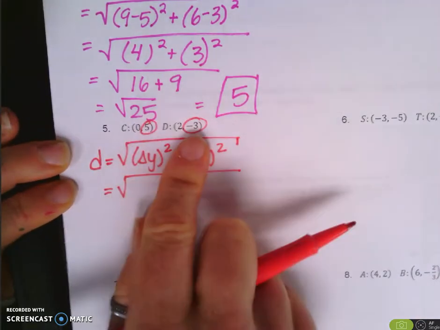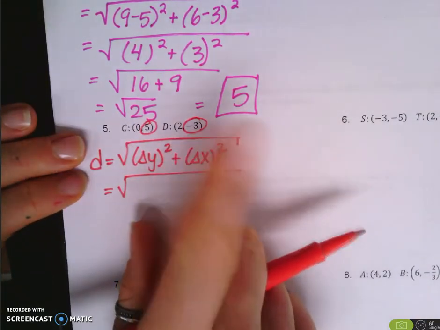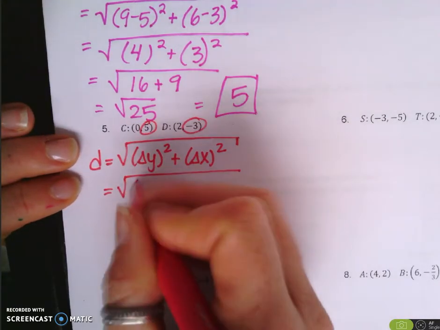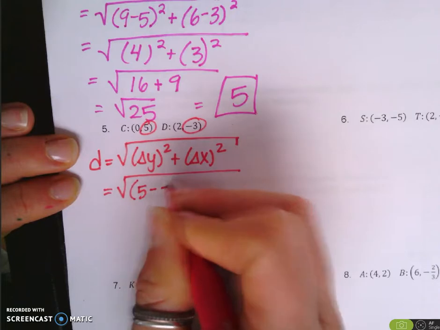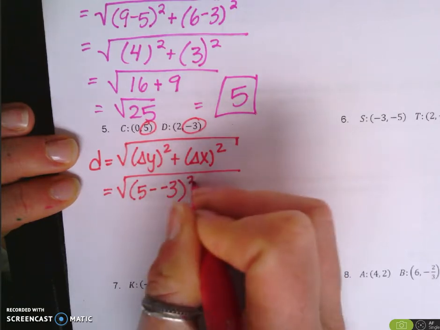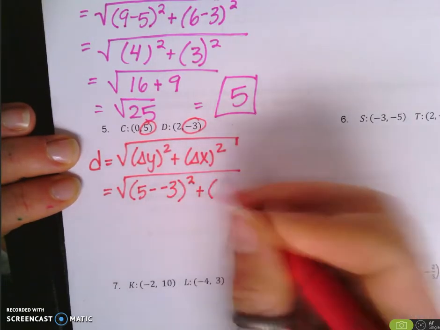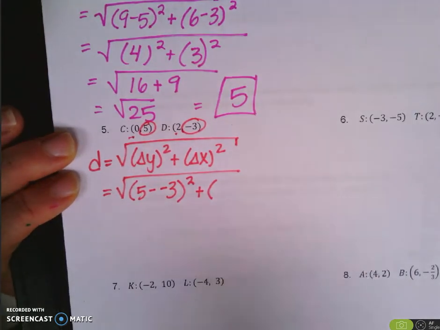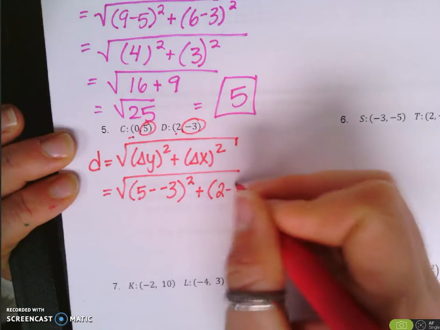Do you want to do 5 minus minus 3 or negative 3 minus 5? It doesn't matter which one. I'm pretty partial to 5 minus minus 3 squared plus change in x. 0 minus 2 or 2 minus 0. It doesn't matter, you pick. I like 2 minus 0.